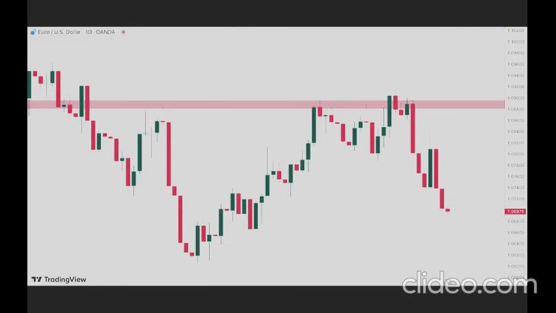So let me use trend line here. Take my trend line here, and press it here.